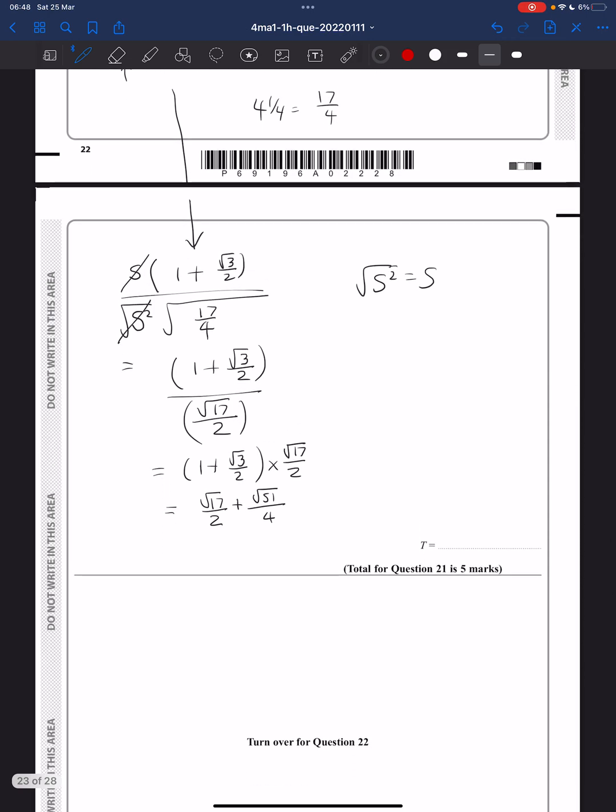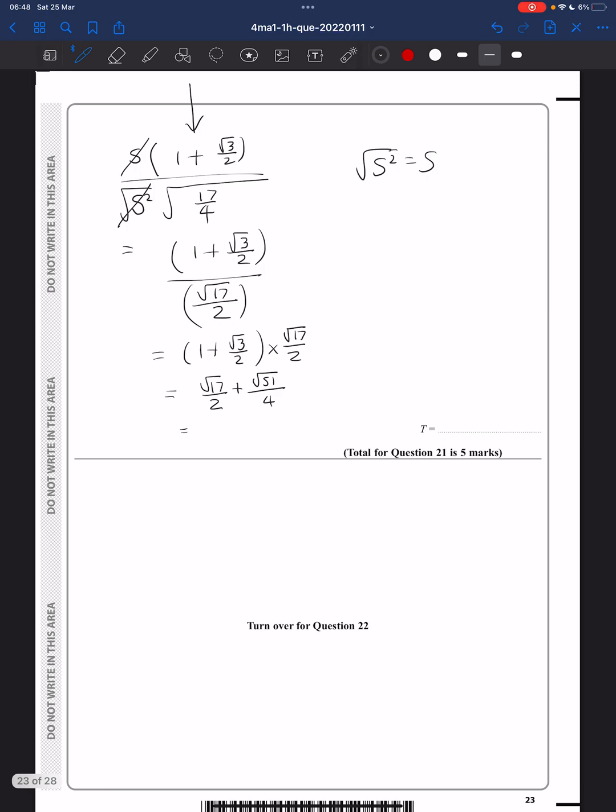Right, we'll write this over a common denominator of 4. So I've got 2 root 17 plus root 51, which is root 3 times root 17. So it's root 17 times 2 plus root 3 over 4.